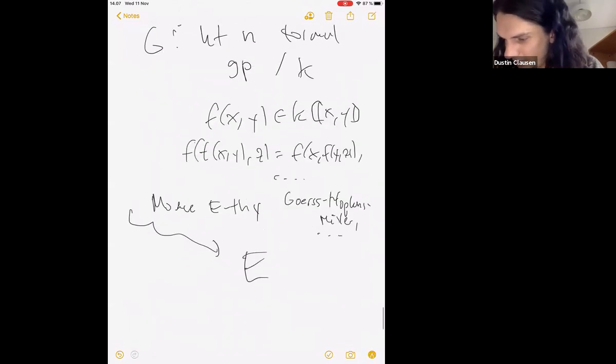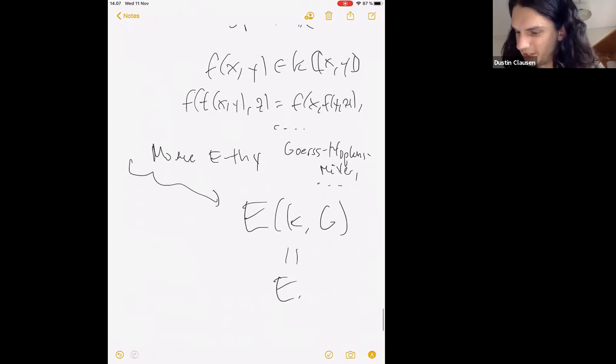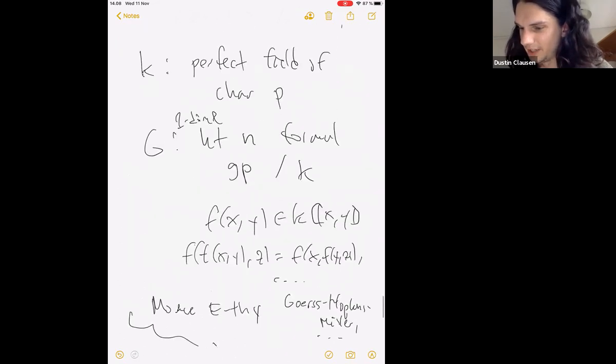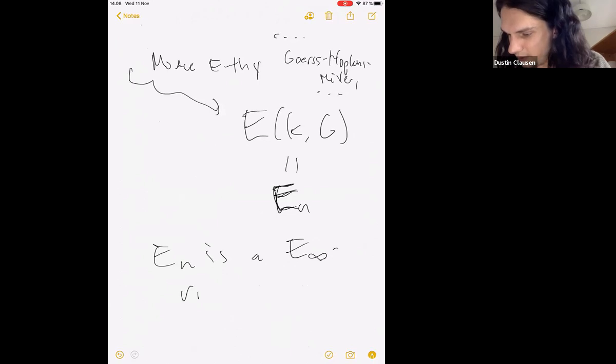It really should be written E(K,G), but it's often abbreviated to just E_n, because for a lot of qualitative properties, it's only the height of the formal group that's important. I think I'm going to regret calling this G in just a second, but oh well. And what is it? So E_n is a certain kind of E infinity ring spectrum.